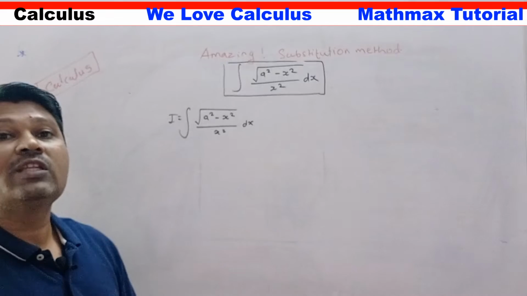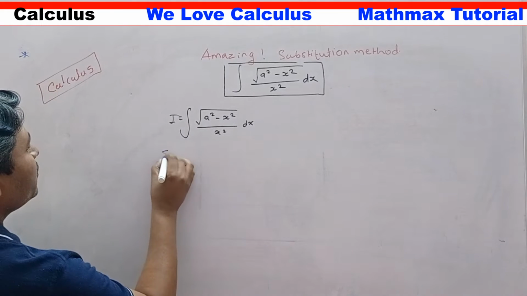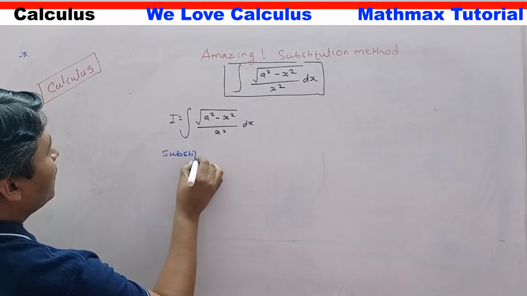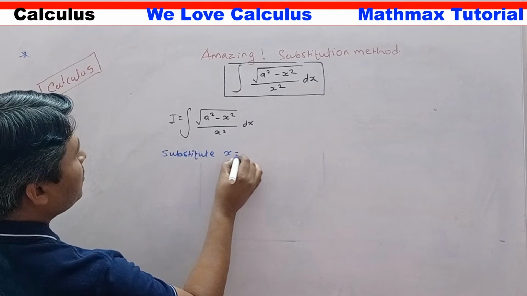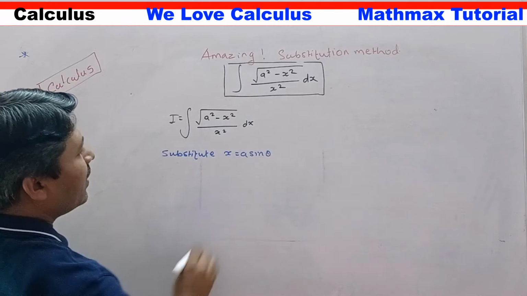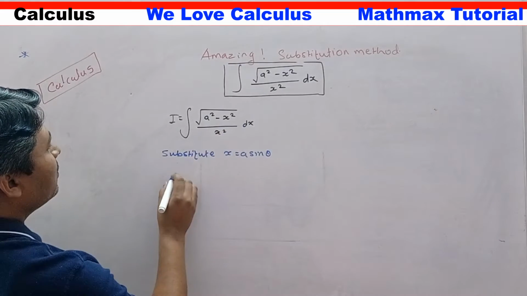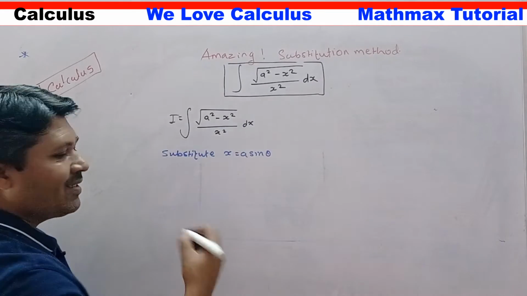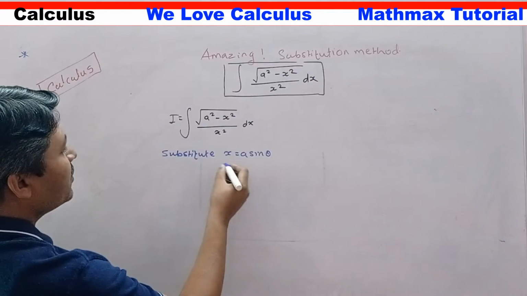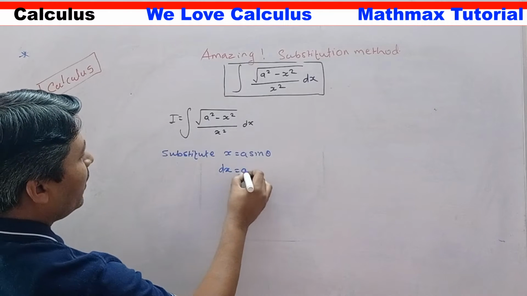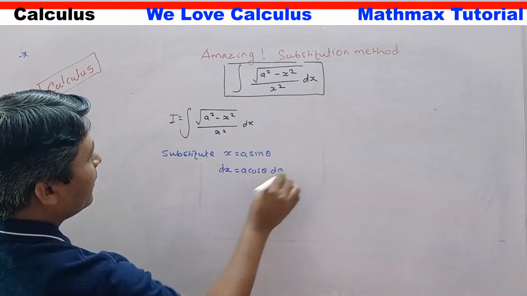We use the substitution method, that means substitute x is equal to a sin theta. Differentiating this equation, we get dx is equal to a cos theta d theta.